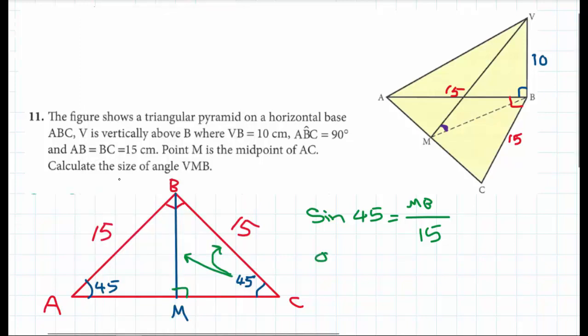Okay, let's write 0.707 is equal to MB over 15. Now, to get the length of MB, we need to get rid of this 15. To get rid of this 15, we multiply both sides by 15. This 15 will be cancelled, and this one will be multiplied by 15.